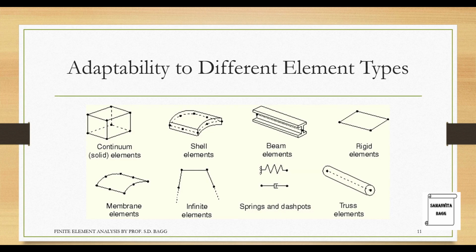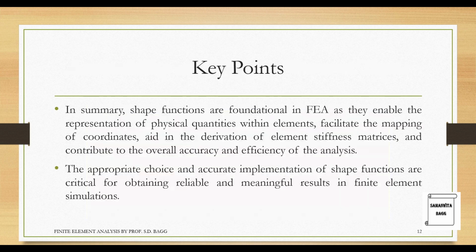Like suppose if you have a solid element or you have a shell element, beam element, rigid elements, membrane elements, infinite elements, spring and dashpot, truss element. So in all these cases, the shape function will be different so that you are able to define them with respect to their element shapes.